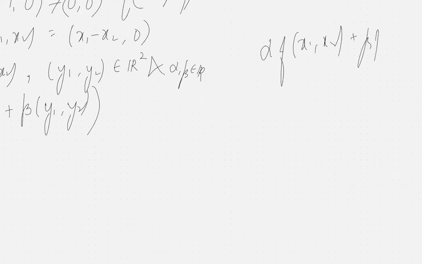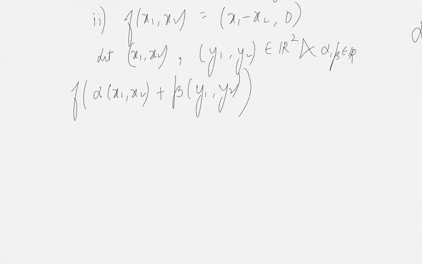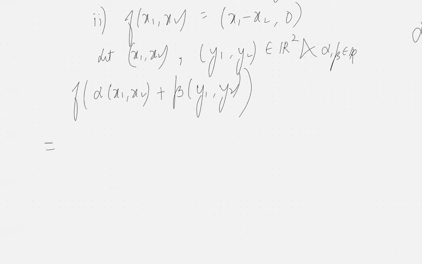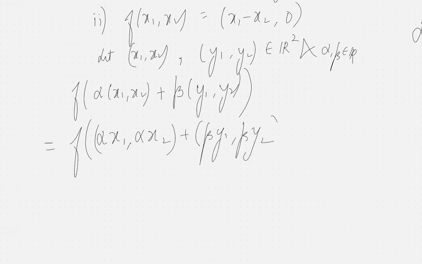See, one thing is very much obvious over here, that alpha times this plus this first element can be written as alpha x1 comma alpha x2 plus beta y1 comma beta y2, right? Then this can be written as f of the first element alpha x1 plus beta y1 comma alpha x2 plus beta y2, right?